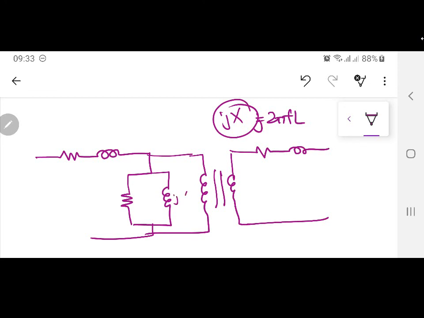This element here, jXm, parallel with R0, when you have less frequency, this value is going to decrease. So what will happen? You will have more I0 current flowing there. More I0 current means more losses.